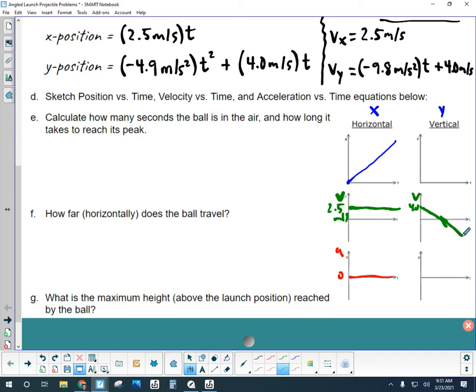Should be a straight line. Something like that. So it slows down to rest. It begins to fall and get a more and more negative velocity because of that acceleration. The acceleration here is a steady negative 9.8 meters per second per second.